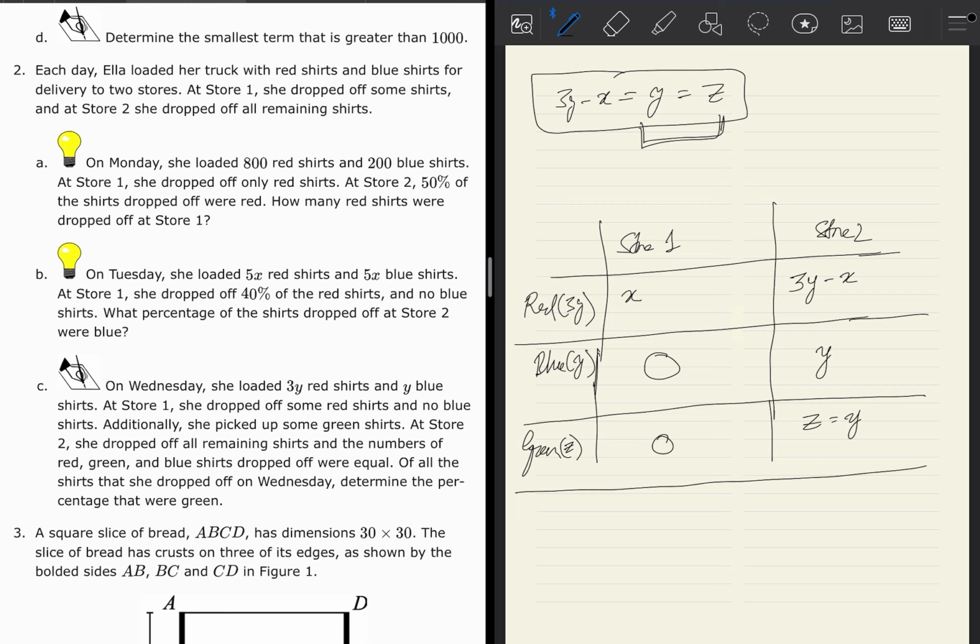So the basic formula to determine the percentage of green shirts would be green shirts divided by total number of shirts multiplied by 100. So green is Y, and total would be 3Y minus X plus Y, multiplied by 100.